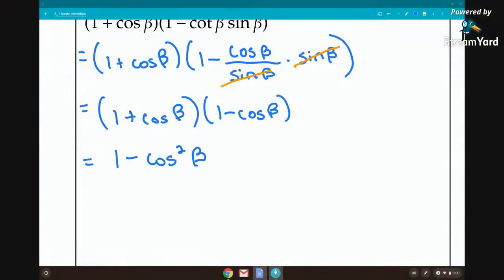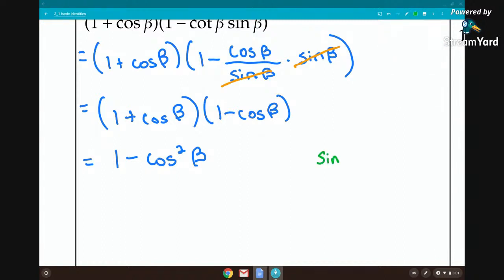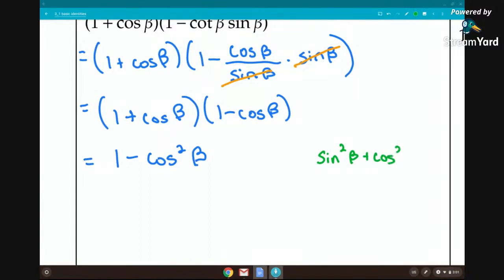There is a Pythagorean identity that relates cosine squared and sine squared, which we mentioned a moment ago: cosine squared plus sine squared, which I said in reverse order, equals 1.